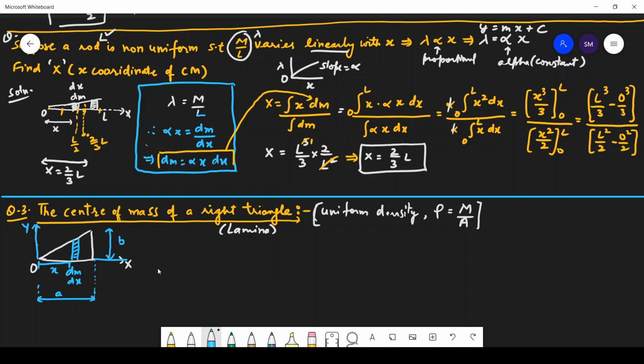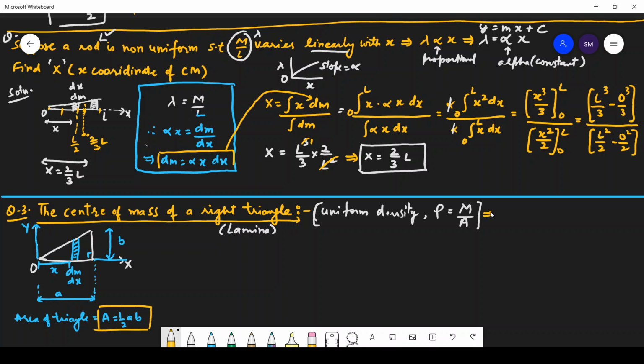So for this right angle triangle, the area is half into A into B. So the area of a triangle, we all know, is half into base into height. So that we are going to use. So students, we know the area here, so instead of length we have area, and we have the formula for the area. So I don't think that we have any problems.